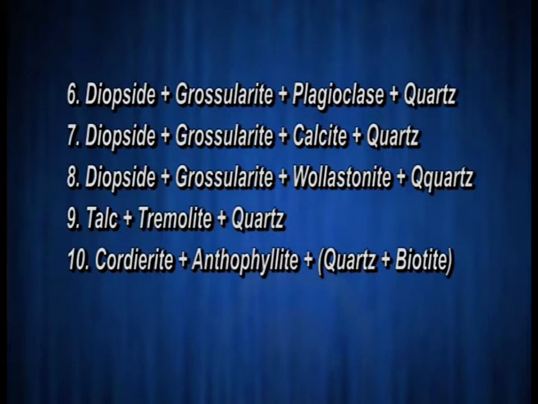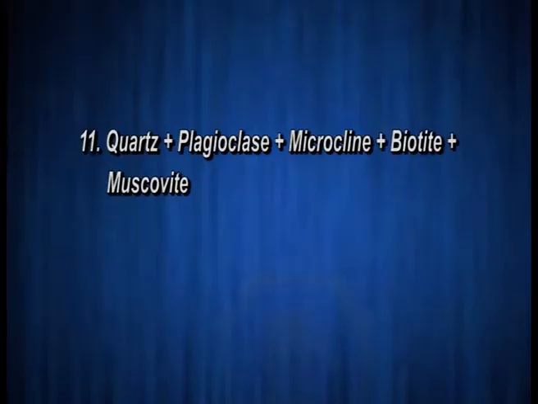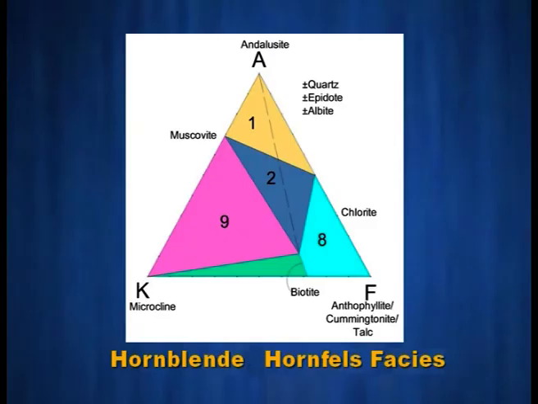Number 9 is your talc plus tremolite plus quartz. Number 10, cordierite plus anthophyllite plus quartz plus biotite. And quartzo-feldspathic assemblages: quartz plus plagioclase plus microcline plus biotite plus muscovite.